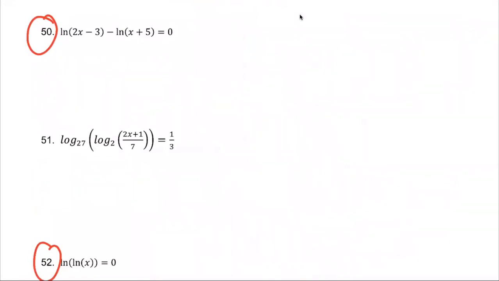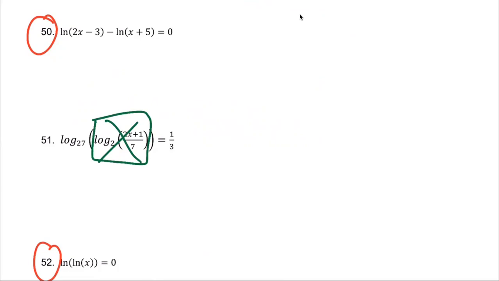So when you have a log inside a log, we haven't actually done one of these before, but I think you can probably use your knowledge of logarithms to help solve it. So let's pretend the stuff on the inside is just like a big X. It's just a number, something inside the outer logarithm.